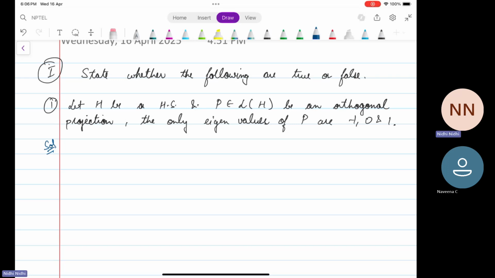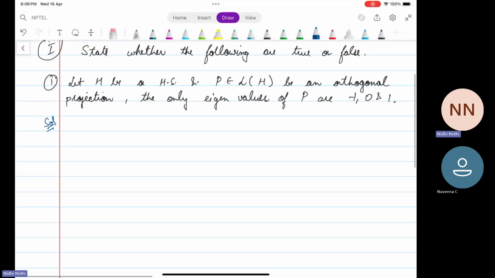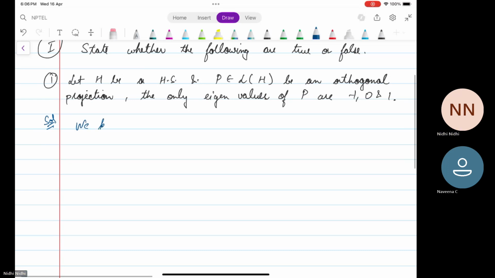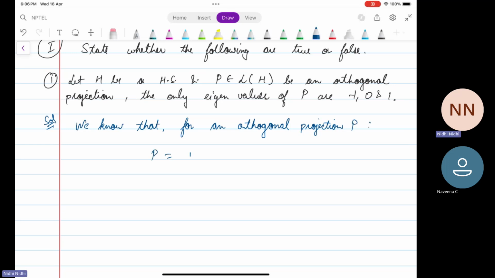So for an orthogonal projection, we know that P is equal to P star is equal to P square. This is a well-known fact. We have proved it earlier also. We know that for an orthogonal projection, P is equal to P square, which is equal to P star.